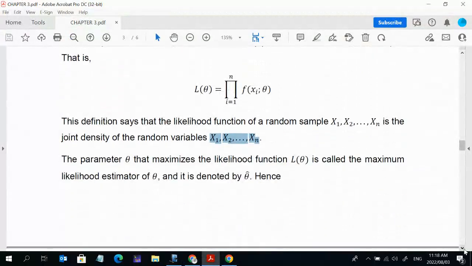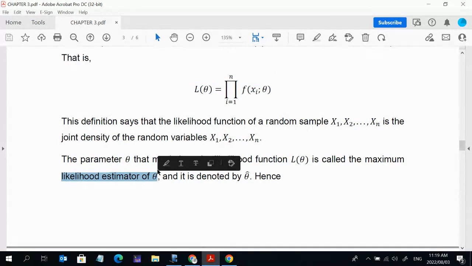So now, remember, the aim is to find the function that we can use to estimate theta. The value of the parameter that maximizes the likelihood function is called the maximum likelihood estimator of theta.